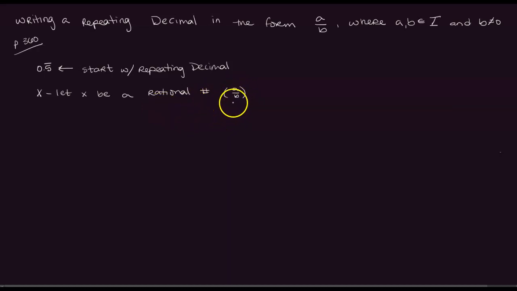And b, the denominator, is not allowed to be 0, just to be sure. So we're going to let x be some rational number, and I'm going to set my unknown rational number x equal to this repeating decimal, 0.5 repeating. And we're going to use this equation to create a second equation that allows us to solve a system.